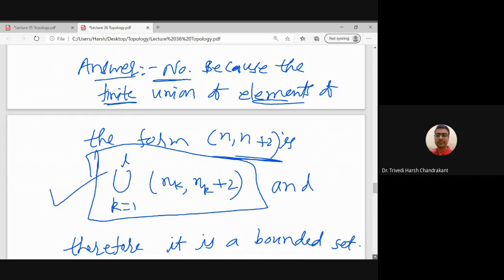This union is bounded, but R is not bounded, so R is not equal to this set.